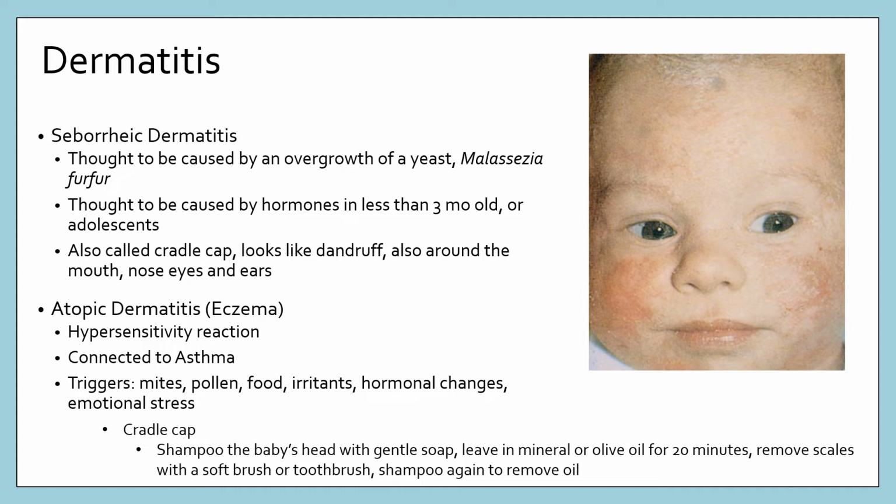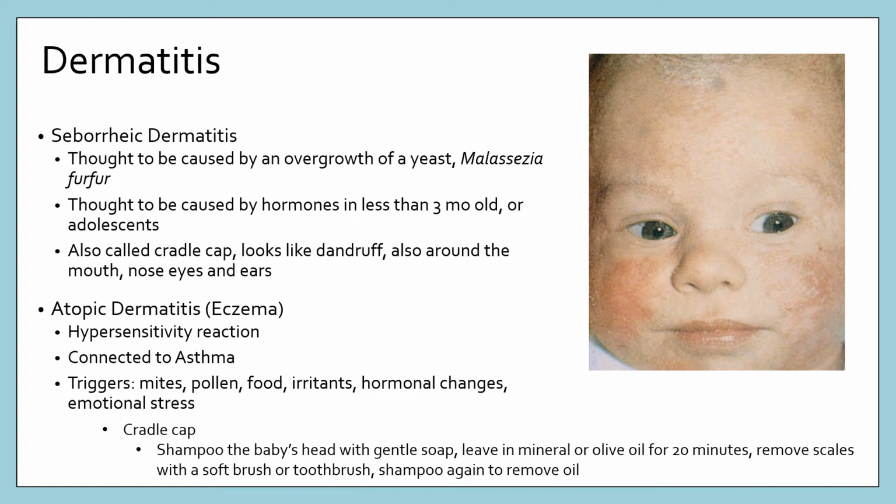And then there's eczema. Babies and young kids can develop eczema, and generally eczema and asthma go hand in hand. So if a kid has asthma, they'll be more prone to eczema, and if they have eczema, they'll be more prone to asthma. This is known to be on the same genetic allele. So these are something to be aware of.